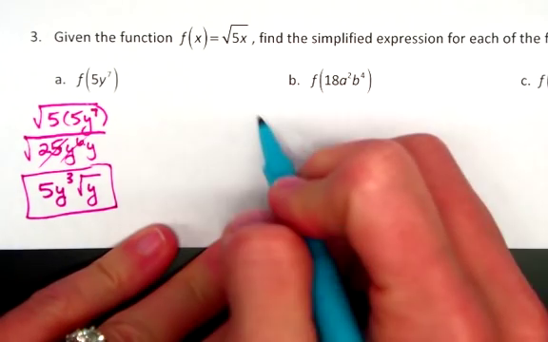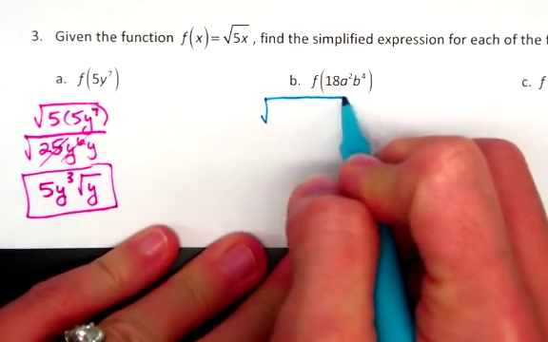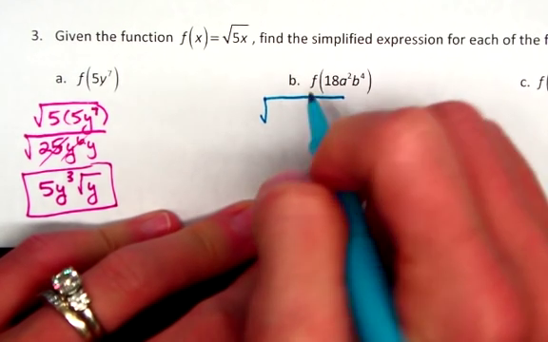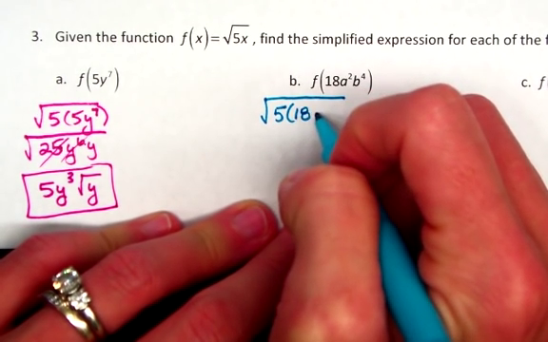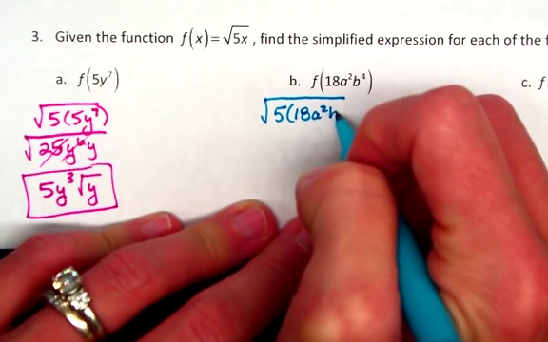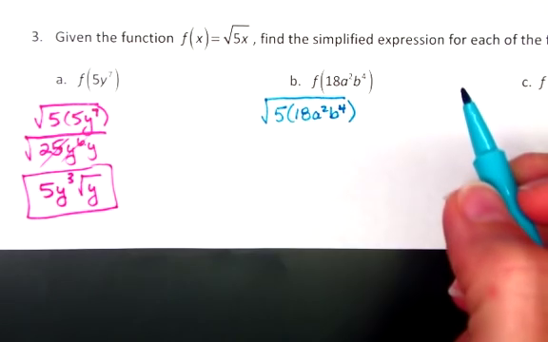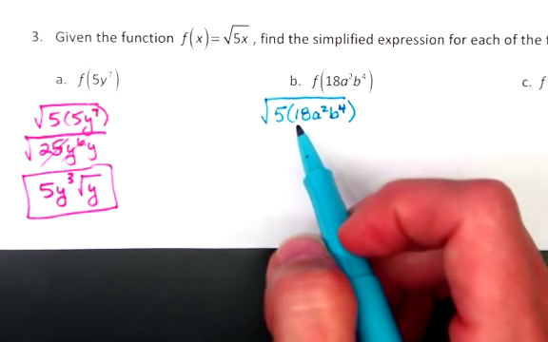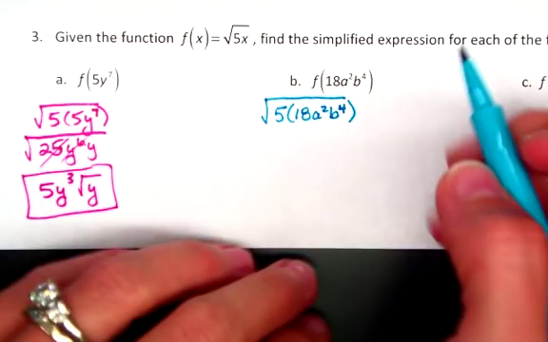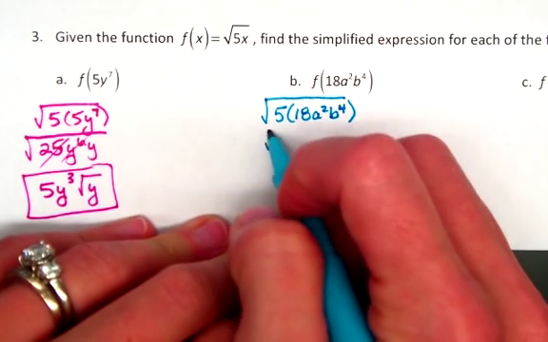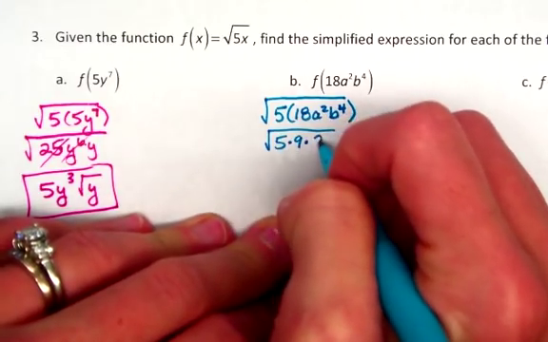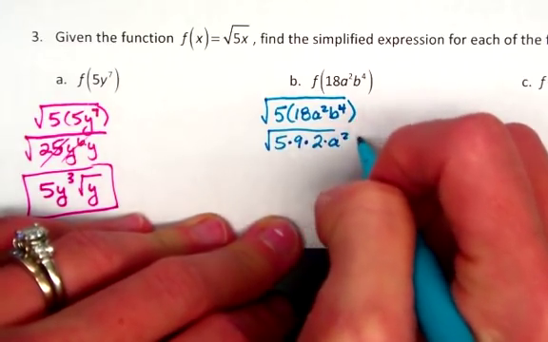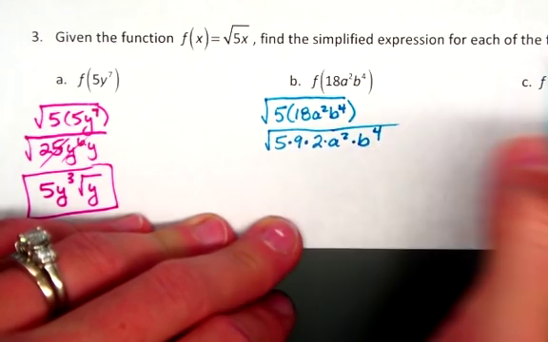All right, same thing. We're going to take the square root of 5 times 18a squared b to the 4th. 18 is 9 times 2, so this is the square root of 5 times 9 times 2 times a squared times b to the 4th.